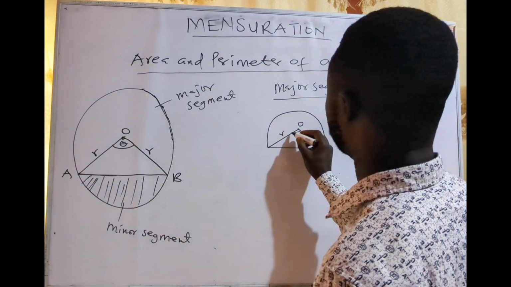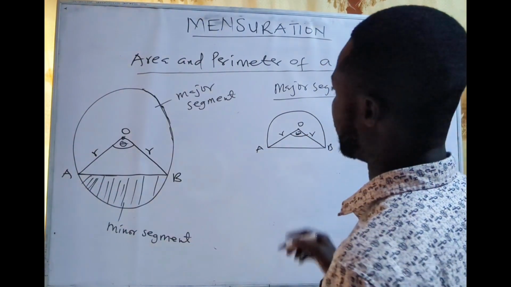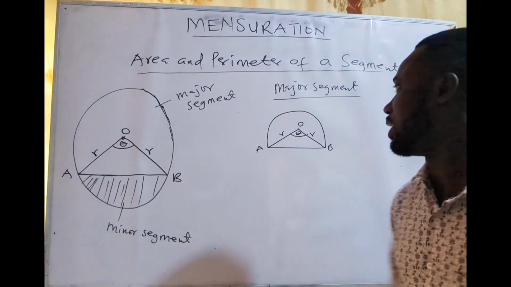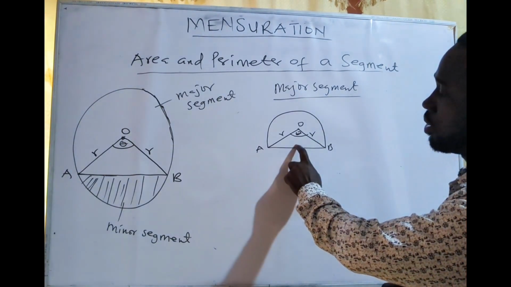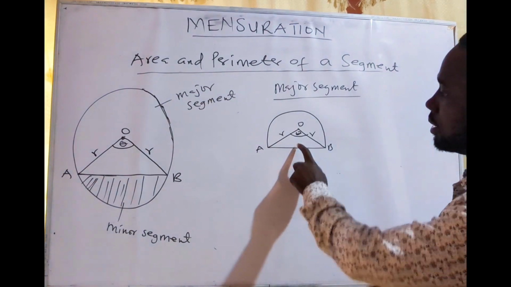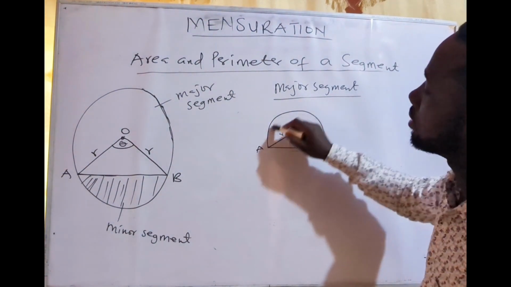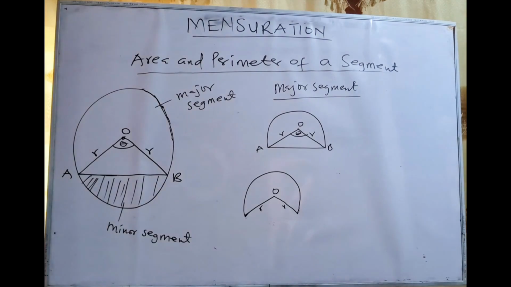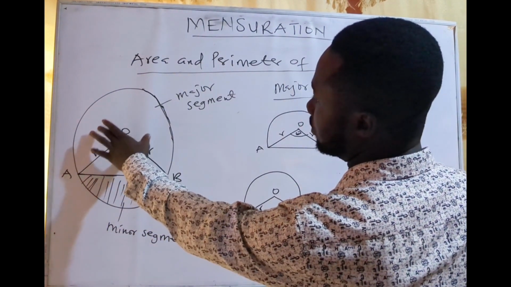Then our angle is here. So the major segment comprises of what? A triangle, this is the triangle. And then this one is a major sector.